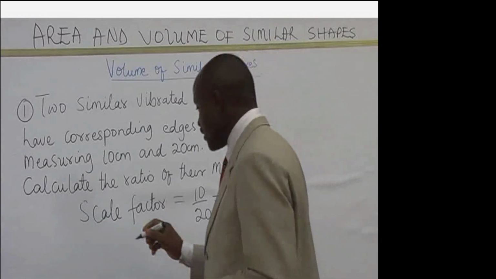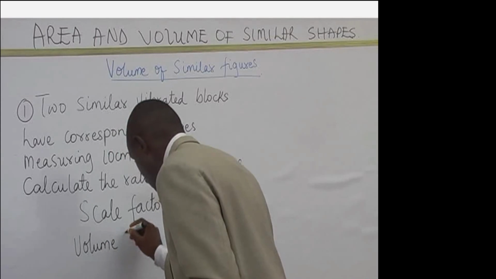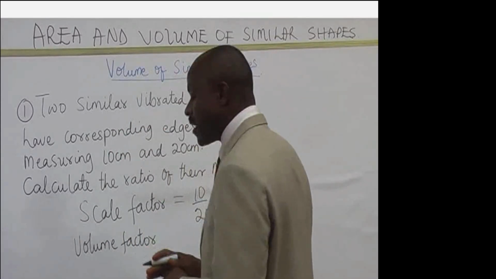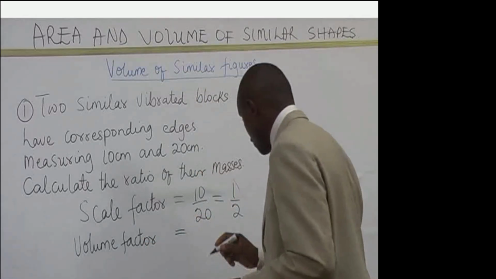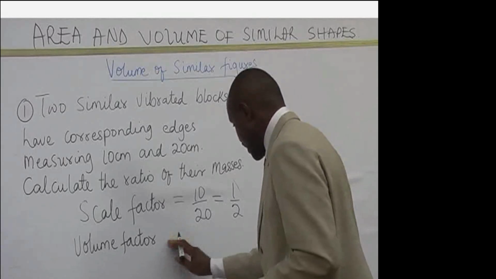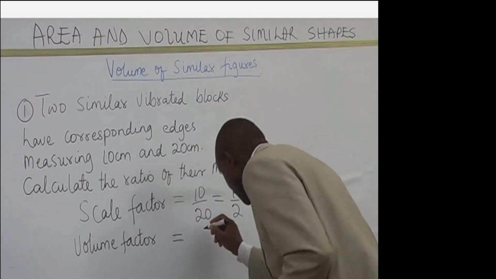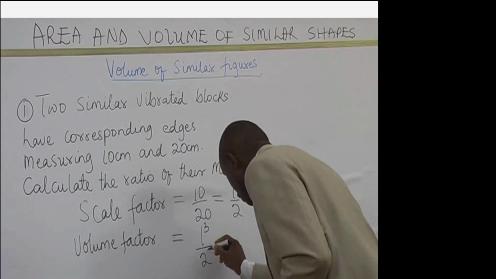Now the volume factor. Volume factor, or ratio of volumes, is equal to the cube of the scale factor, which is 1 cube divided by 2 cube.